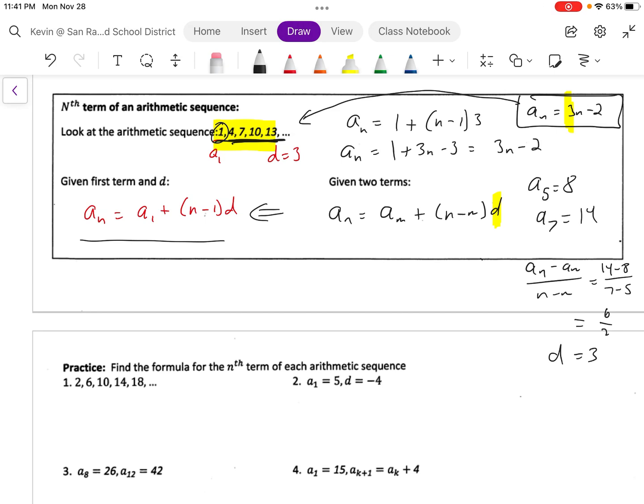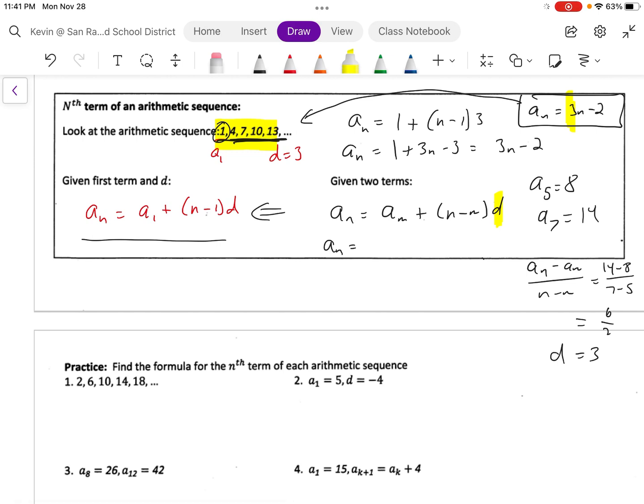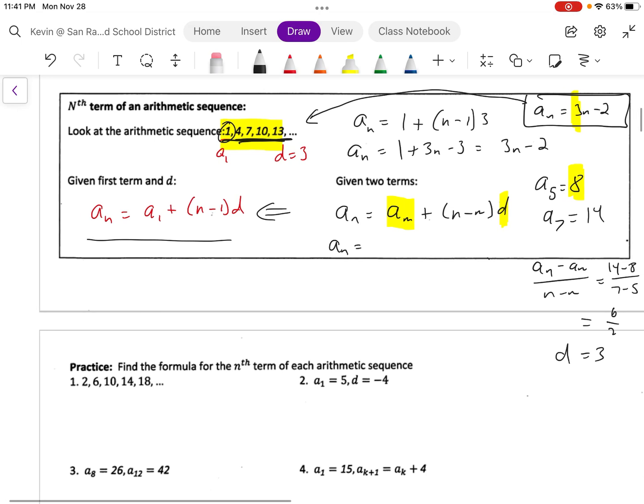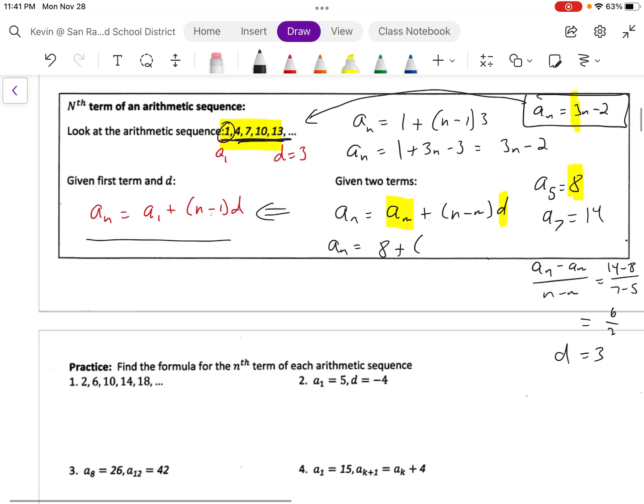Then we can come back up here and say, a sub n equals a sub m, which is that piece there, 8, plus n minus m, which is our 5, times d, which we determined was 3.